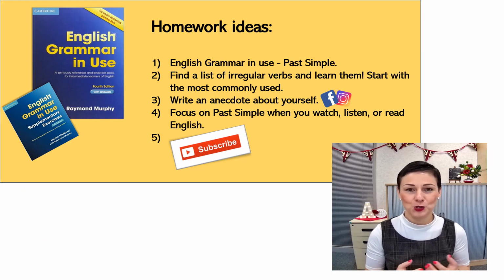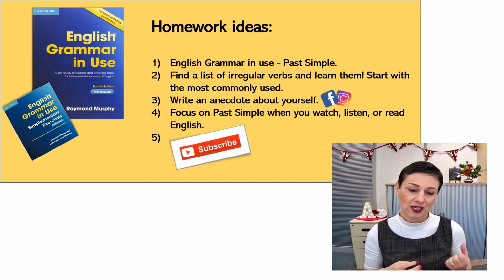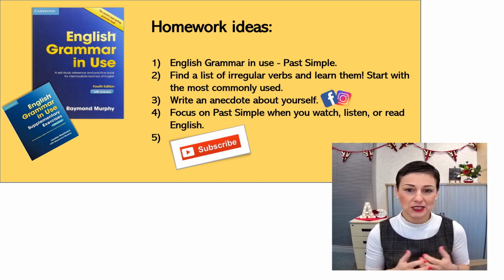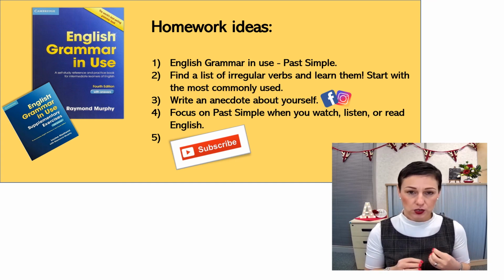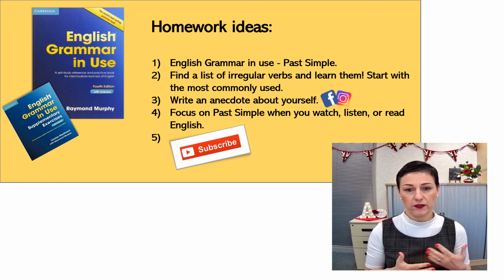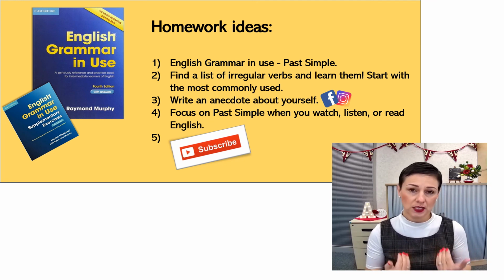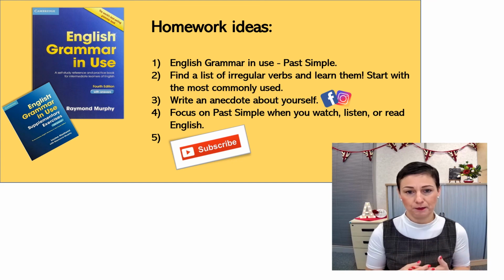So we've come to the end of the lesson. And as with my previous lessons, I will give you some homework ideas. So number 1, as usual, Murphy book, study units on past simple. There is also a list of irregular verbs. Start with the most commonly used or the ones you will need in your active vocabulary and memorize them.